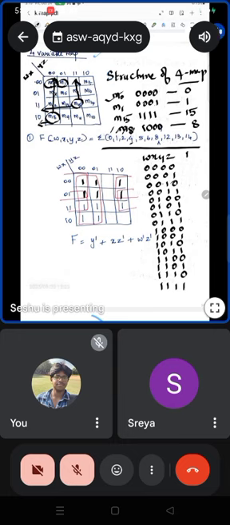They are nothing but binary equivalents for 0, 1, 2, 3, 4, 5, 6, 7, 8, 9, 10, 11, 12, 13, 14 and then 15. So if we have four variables, we have 16 combinations. All the 16 combinations are listed here.